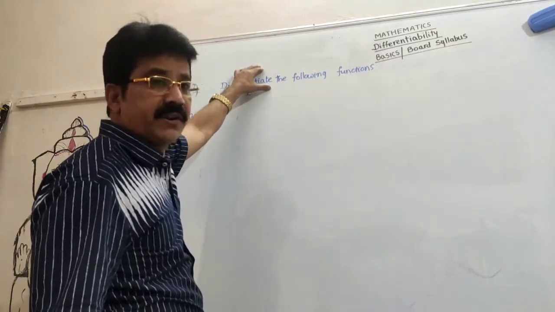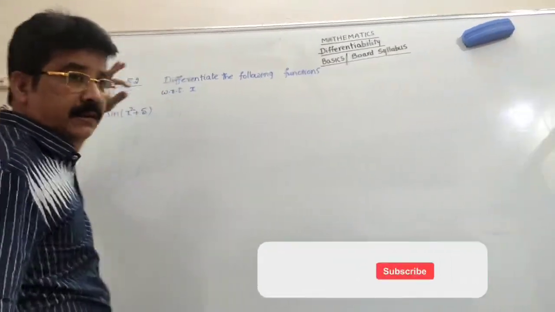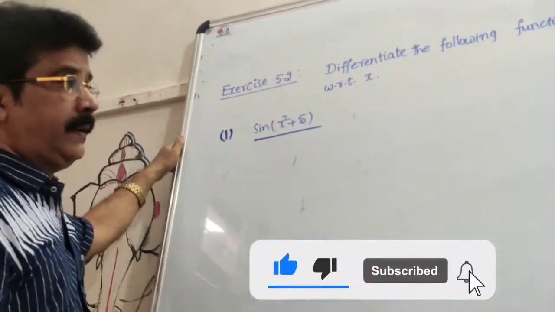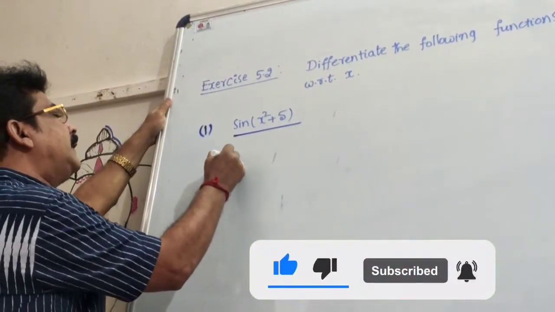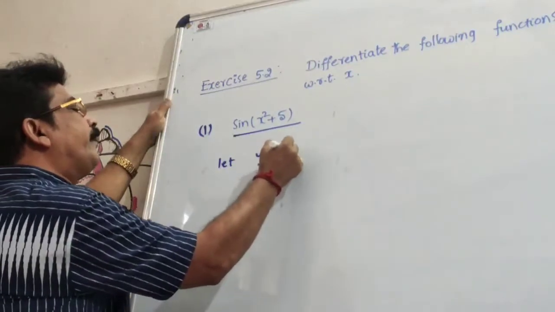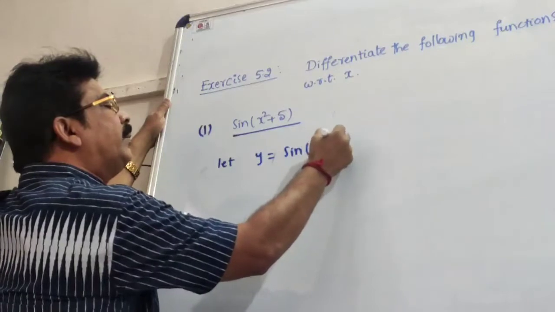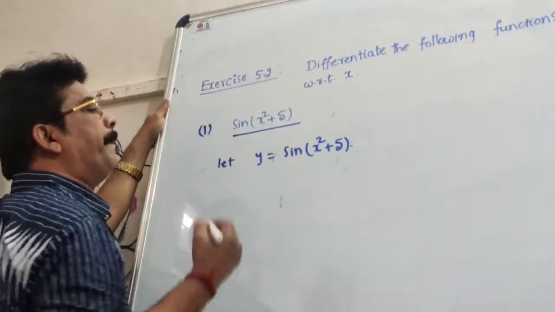Exercise 5.2. Differentiate the following functions with respect to x. So first question, sine of x square plus 5. First step, let y equal to sine of x square plus 5.